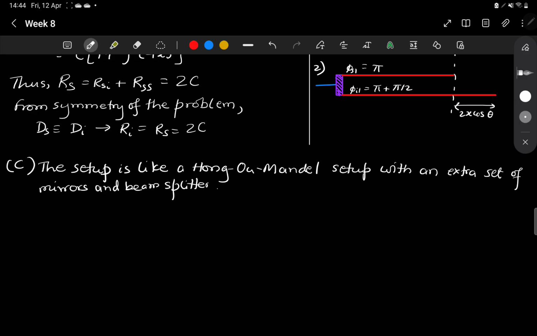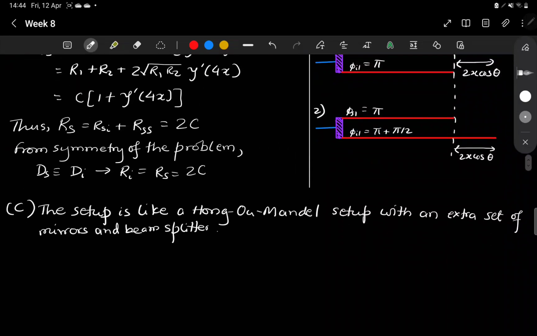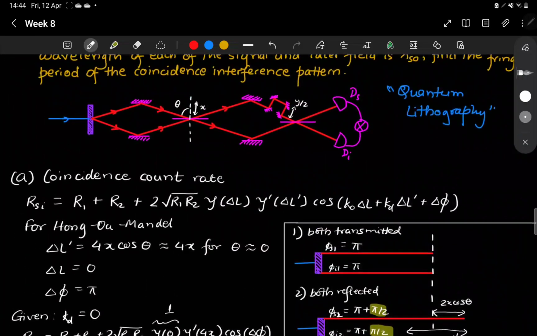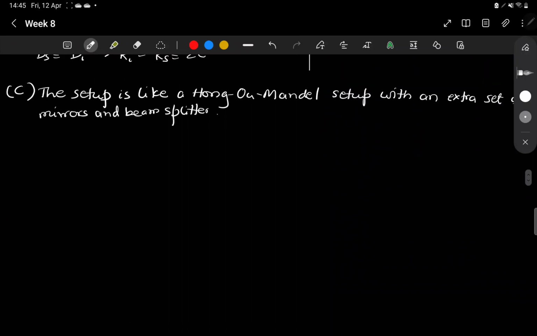Now we also know that for x equal to 0, both the photons will go in the same direction in the first beam splitter. Now let me first write it, then I will show you why it is the case.